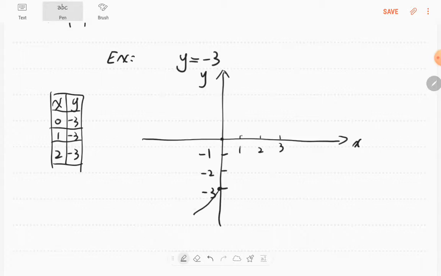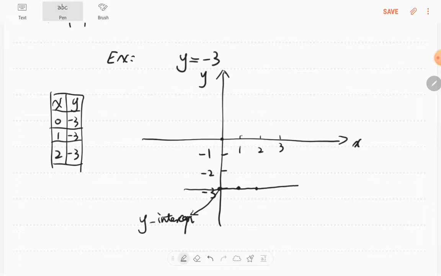And because x is equal to 0, this is our y-intercept. Then we check the second point. x is equal to 1, y is still -3, so it's right here. And x is equal to 2, y is equal to -3. So y is a fixed number.